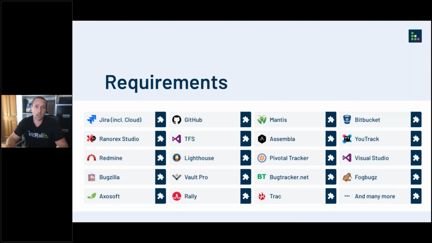So whether you're using an external system such as Jira or Assembler, for example, or whether you're using some other mechanism such as Excel or Word documents, TestRail will support you with tracing your test cases back to those requirements.